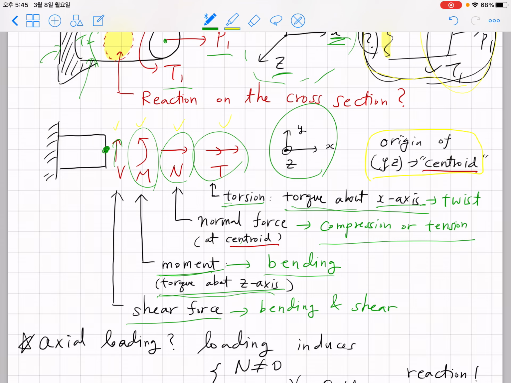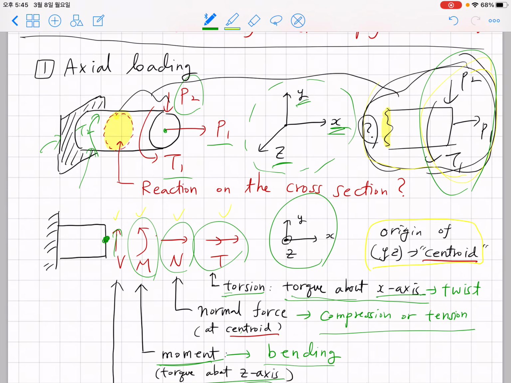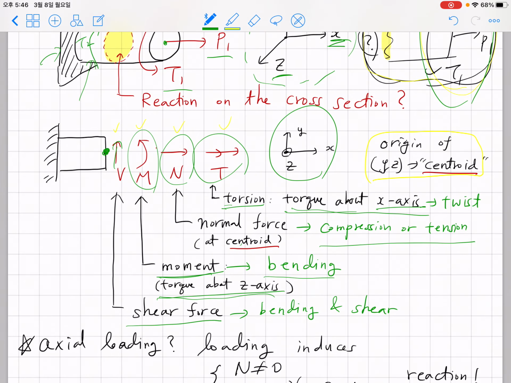Okay, so these are the four reactions acting at the centroid point, which are necessary to balance these external loadings. And by obtaining these reaction forces and torques, you can see that two are torque and two are force.